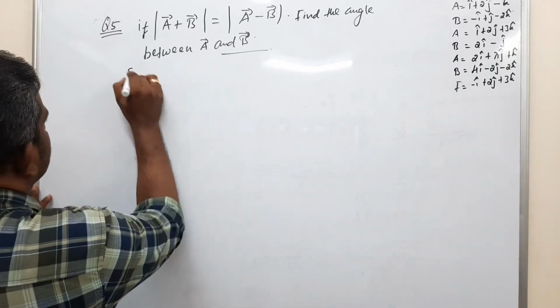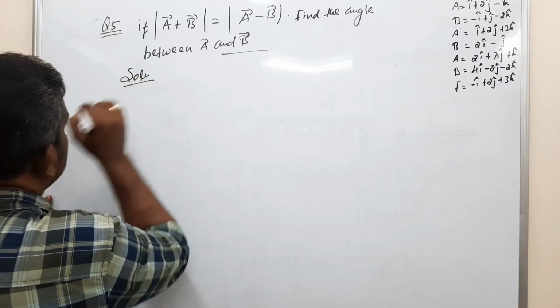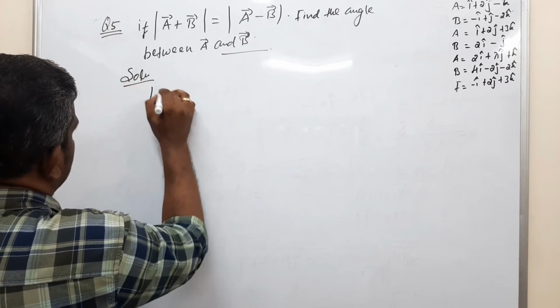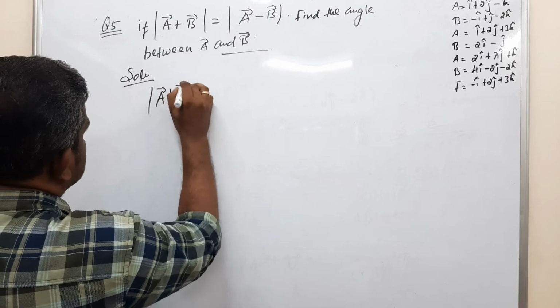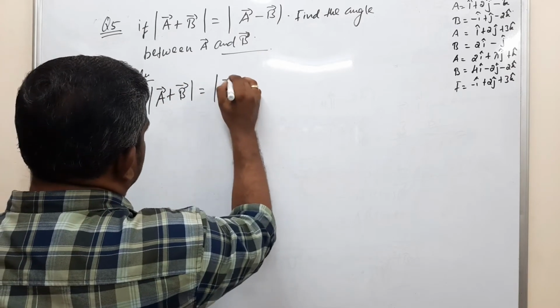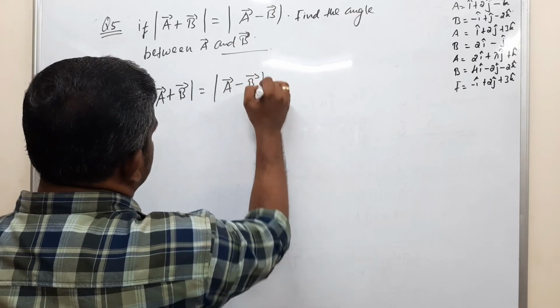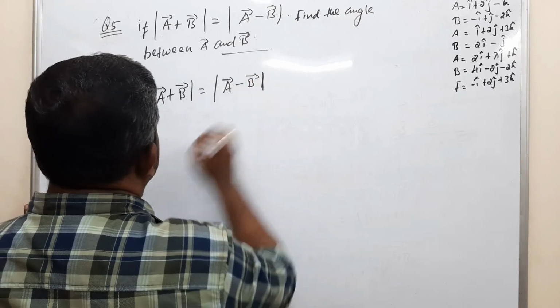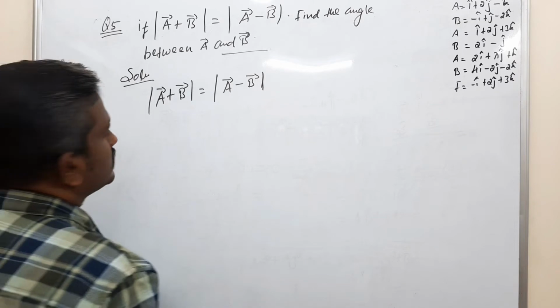So solution, modulus of A vector plus B vector is equal to modulus of A vector minus B vector. Okay, so squaring on both sides.